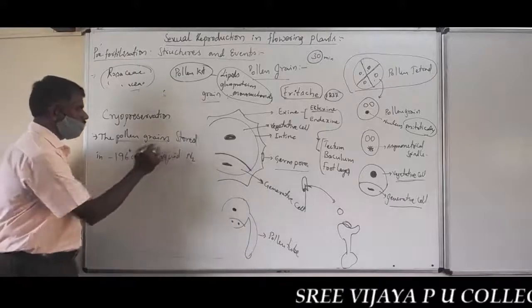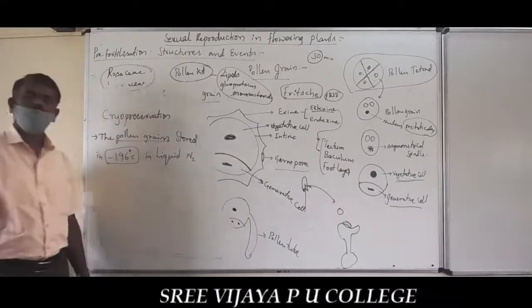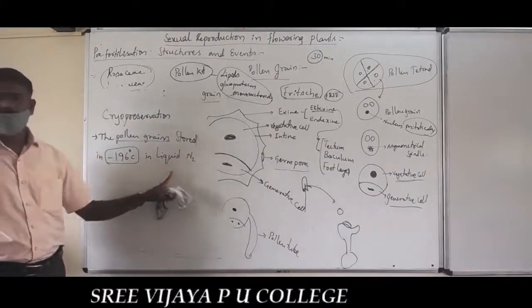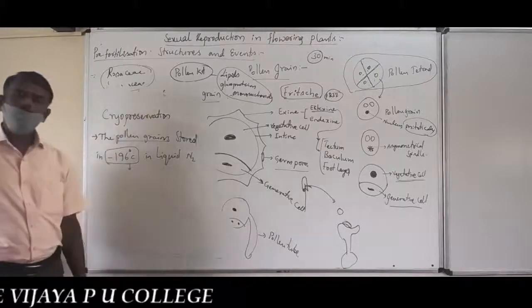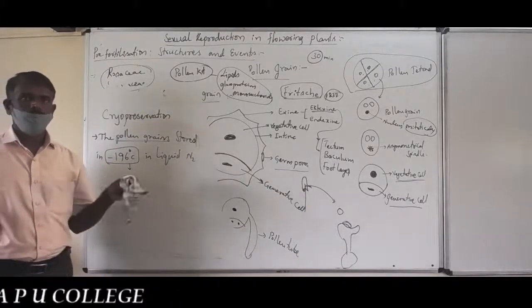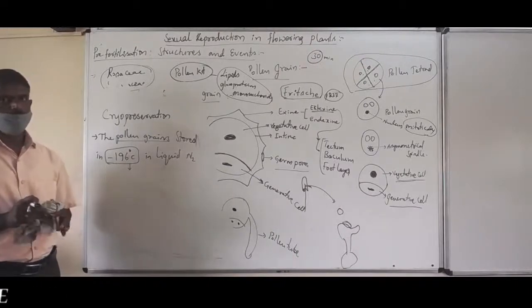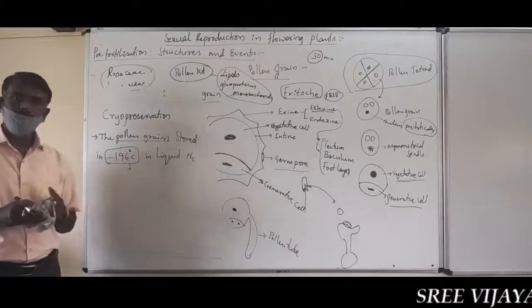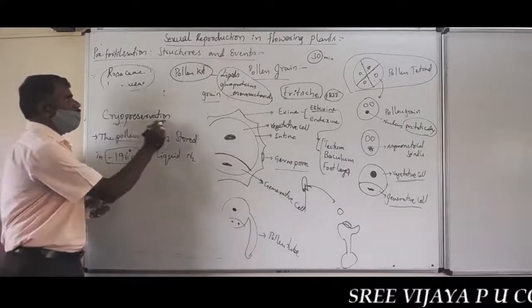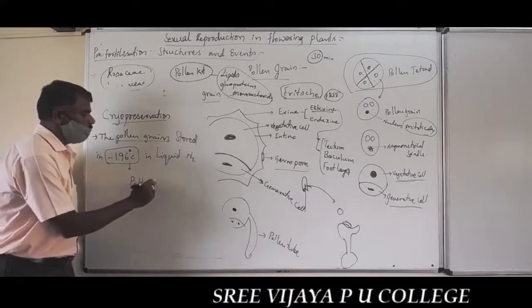When stored this way, the pollen grains remain viable for an unlimited duration. Pollen stored by the cryopreservation technique is used as a pollen bank.